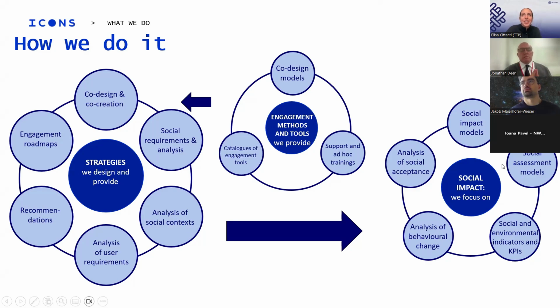Of course, what we also do is measure the engagement approaches, but not only: we also measure the social impact when requested. In order to do that, we focus on social and sometimes also environmental indicators and KPIs so that we can evaluate the outputs at the end.